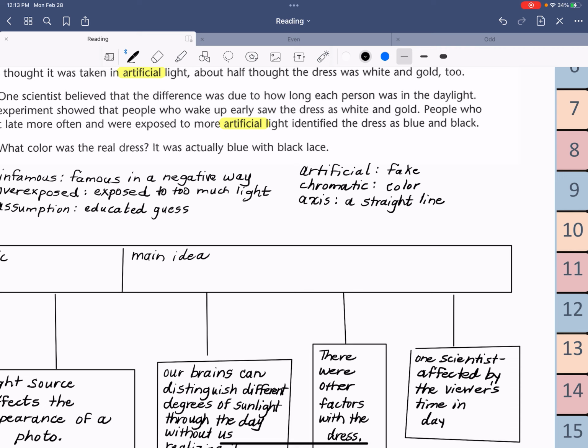So this would lead me to think if you showed this picture to someone outside in the sun, they would see it one way. If you showed this to someone who might be working the night shift at the hospital in the basement, that person might see it a different way because they've not been exposed to sunlight.